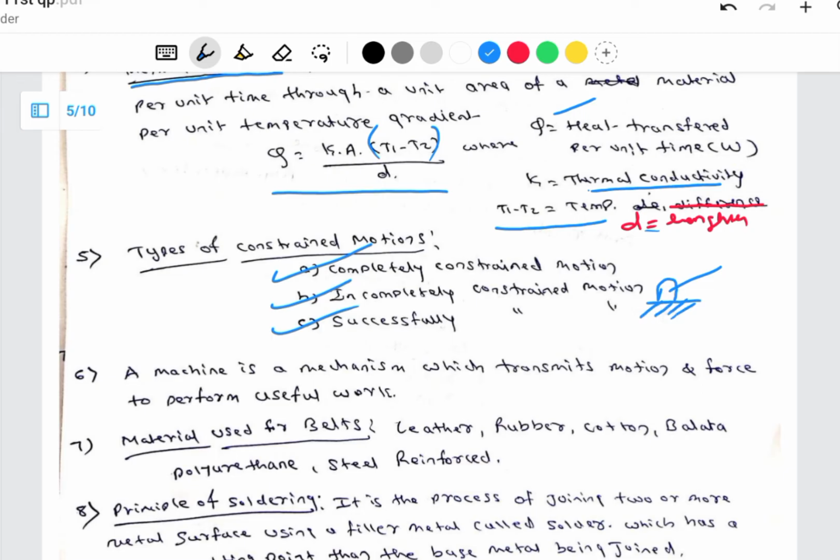Incomplete means some one or two or more links will be fixed, and in successfully constrained motion, all links are fixed. These are the three types of constrained motions.